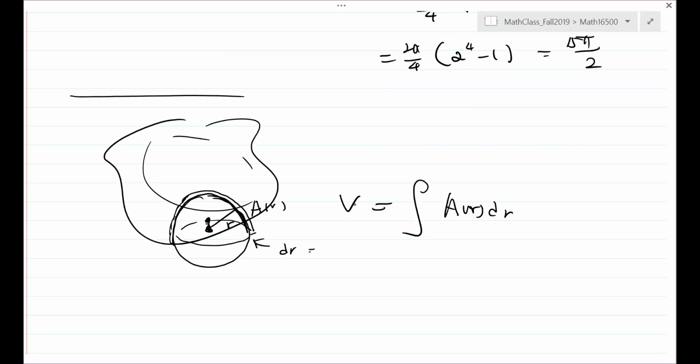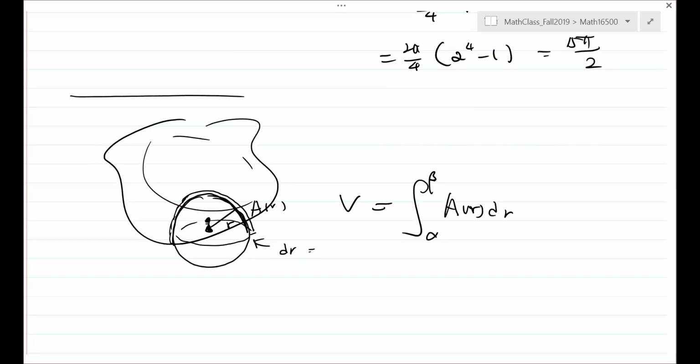Every time we cut, we get a slice, and the volume of that slice is the surface area times dr. Then you evaluate, and r goes between 0 and R.